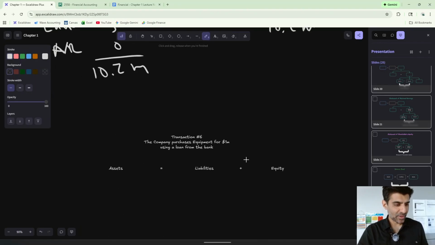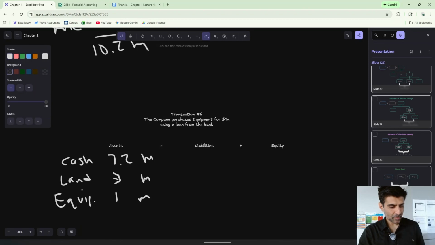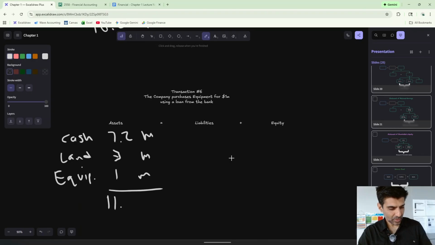So we have cash 7.2, we have land 3, and then we have equipment that is now $1 million. Okay, so now we have 11.2 in total assets.